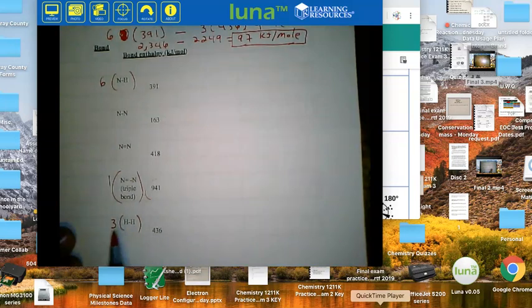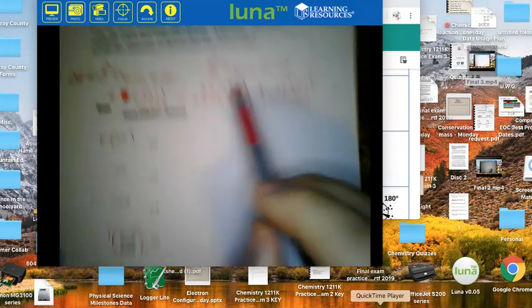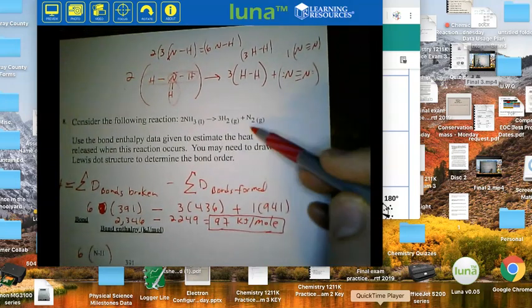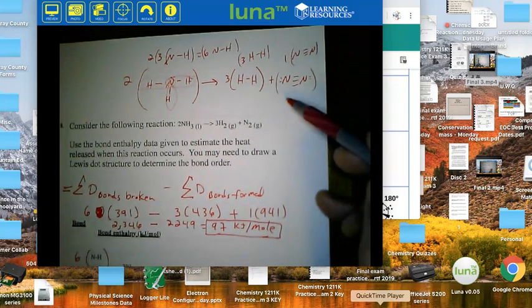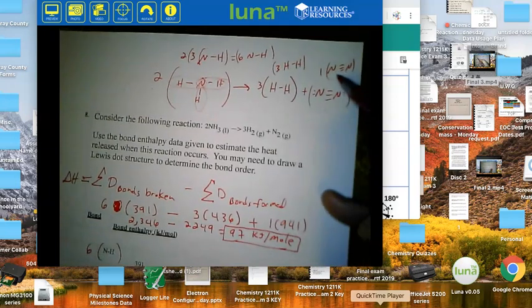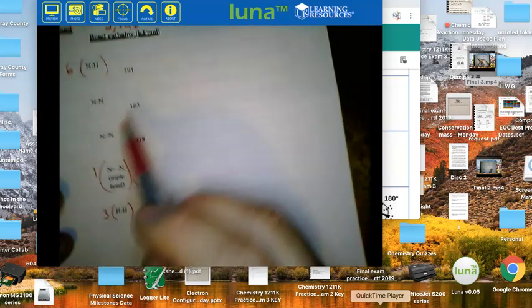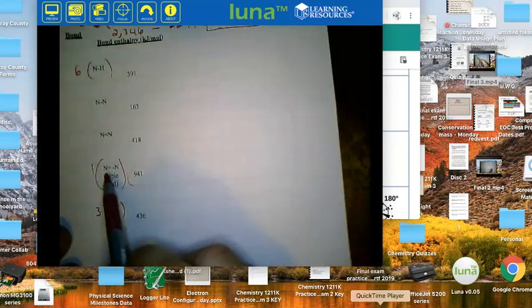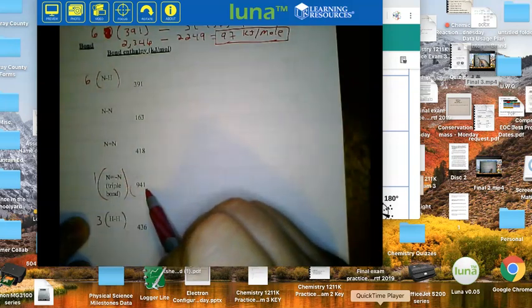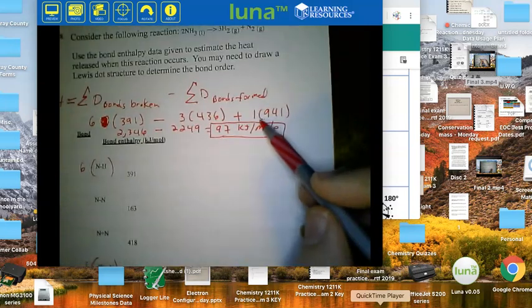Plus 1 N2 molecule. N2 actually has a nitrogen-nitrogen triple bond, so 1 nitrogen-nitrogen triple bond. I looked that up on my table, and the nitrogen-nitrogen triple bond is 941 kilojoules per mole. So 1 times 941 kilojoules per mole.